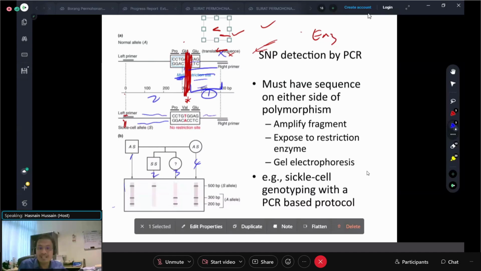Three bands mean that the father is heterozygous, because one of his chromosomes has a restriction site, forming two fragments, and the longer fragment is amplified from the other homologous chromosome from the father, so that is the third one.